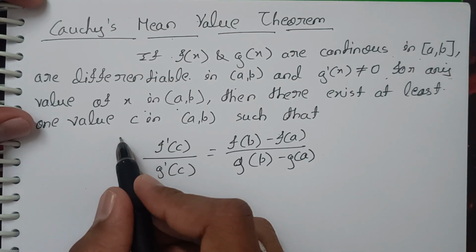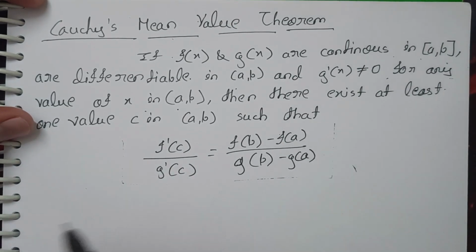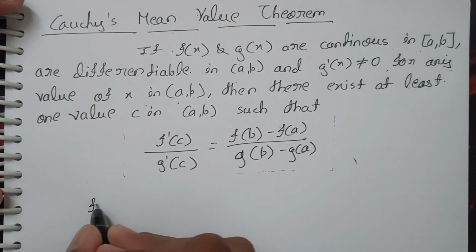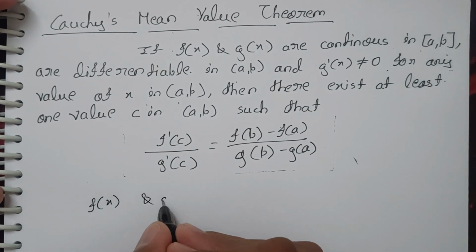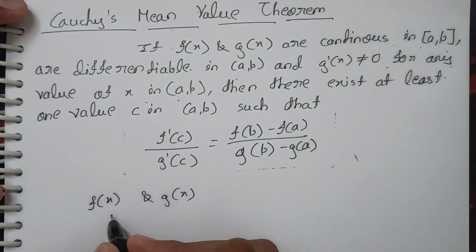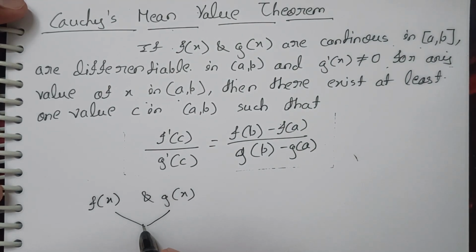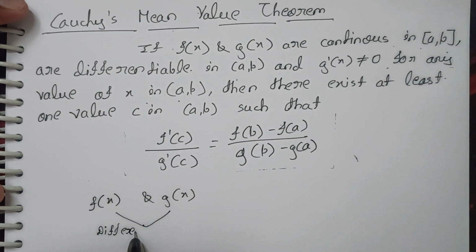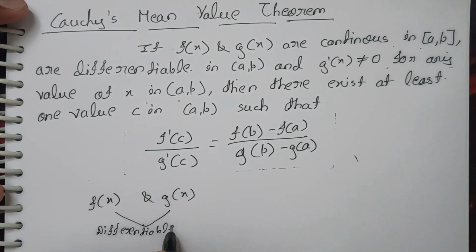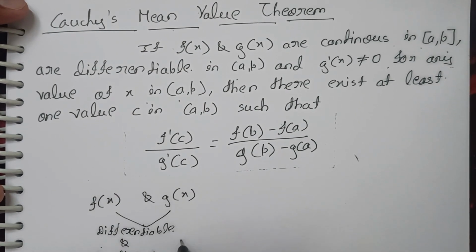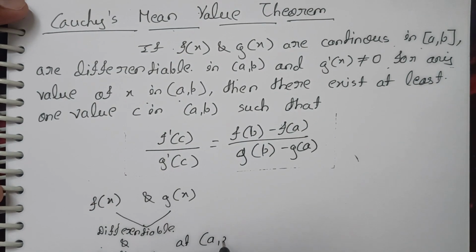So to get this, we have two conditions. First, we have the two functions, f of x and g of x, which are continuous. And the conditions are what? Both should be differentiable and continuous on a, b.